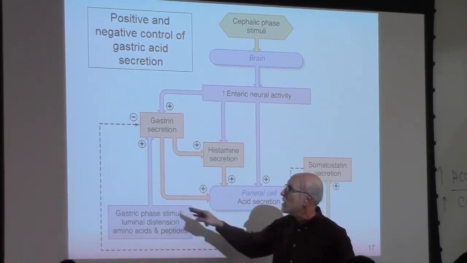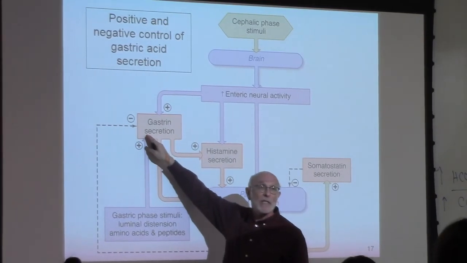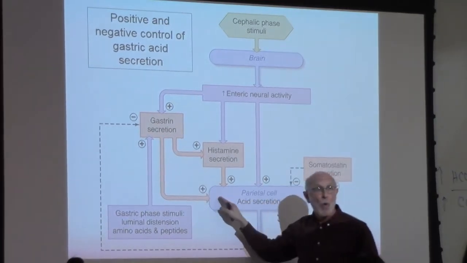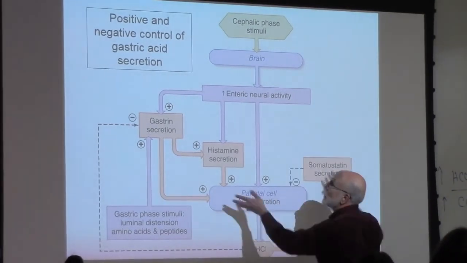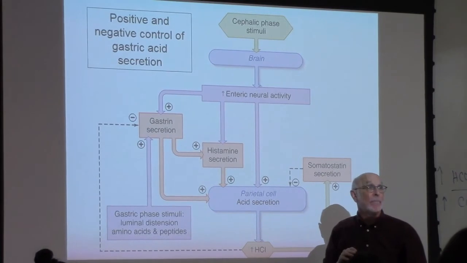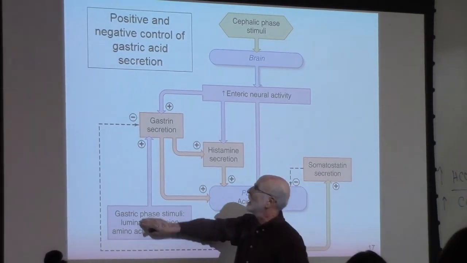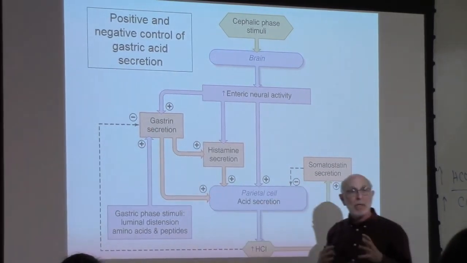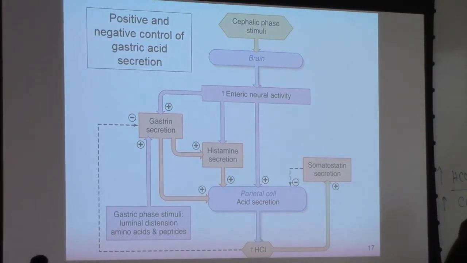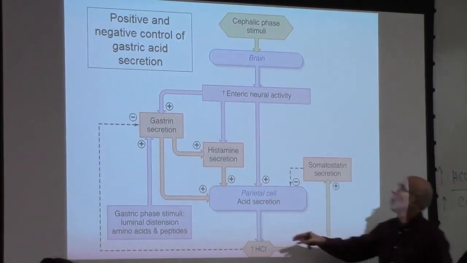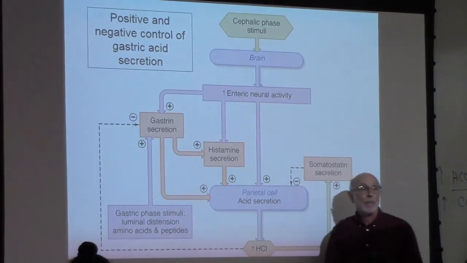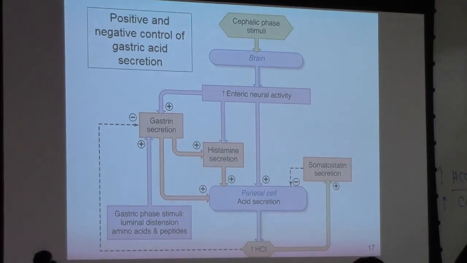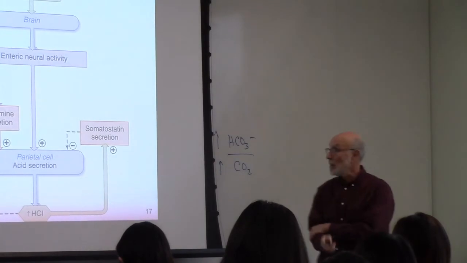Anything that stretches the stomach triggers gastrin secretion, and now we have more gastric acid secretion by the parietal cells. So most of this slide is looking at the cephalic phase, but here is the gastric phase. Food in the stomach triggers gastrin release, and gastrin is going to stimulate parietal cell exocytosis, increased pumping of acid into the lumen of the stomach.